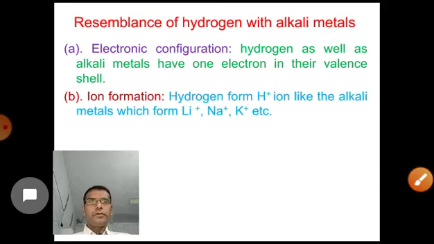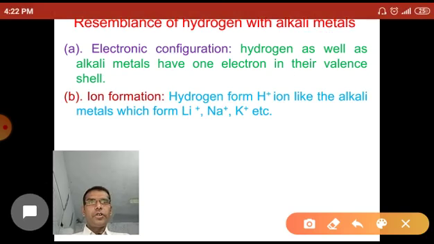Now, ion formation: hydrogen forms H plus ion like the alkali metals lithium, sodium, potassium, which form Li plus, Na plus, K plus.